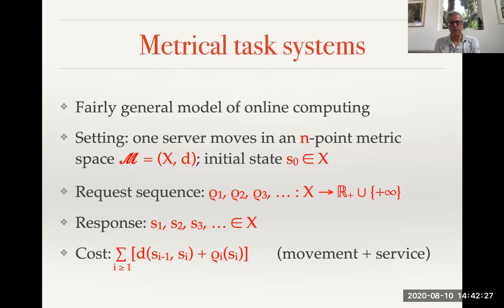So for every request, the server pays the cost of moving from the previous state S(i-1) to the current state Si. And after moving, it pays the current service cost at the state that it ends up in. So this is the general problem.